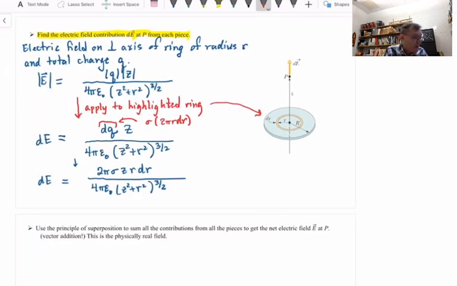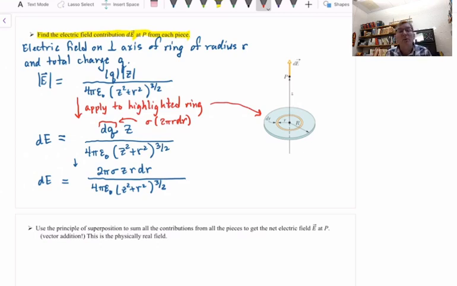Okay, that's step 2. We picked a tiny piece of the disk; we decided to pick a piece that was ring-shaped. We used the result we already had for the electric field on the perpendicular axis of a ring to write down the electric field dE on the perpendicular axis of this ring.